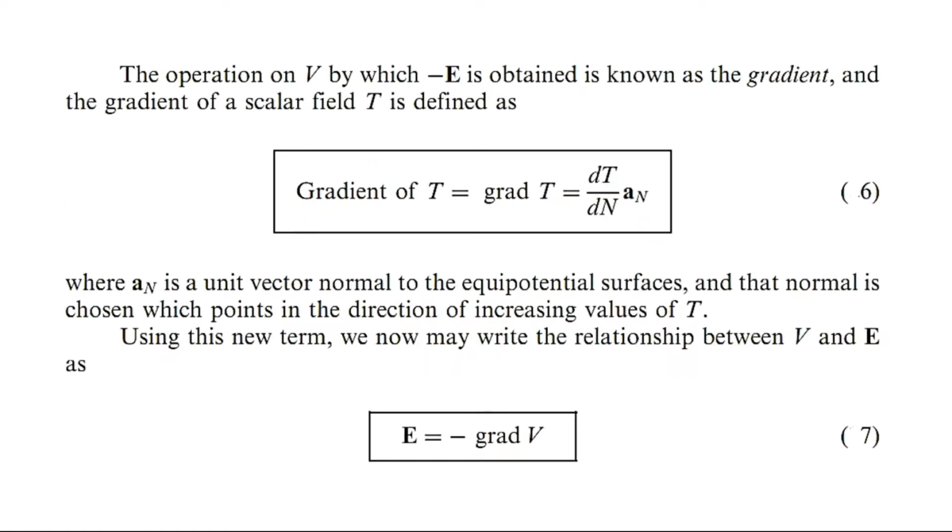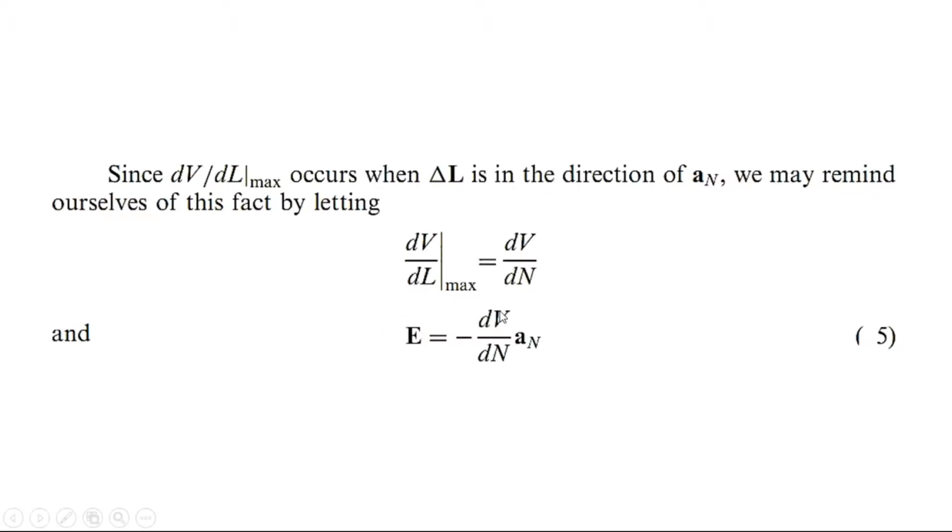Remember that the operation on V by which minus E is obtained is known as the gradient. This is actually the gradient of V, dV by dn into AN. So E will be equal to minus gradient of V.